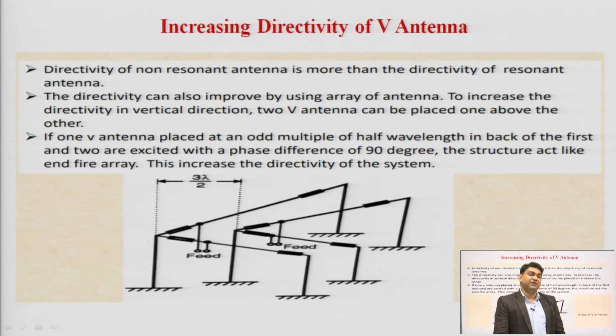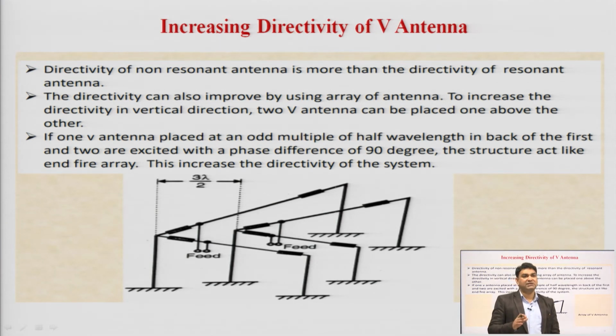How can the directivity be increased in the case of the V antenna? The directivity of a non-resonant antenna is more than the directivity of a resonant antenna, because non-resonant antennas are terminated at one end. That is why this is the simple case of a unidirectional radiation pattern.